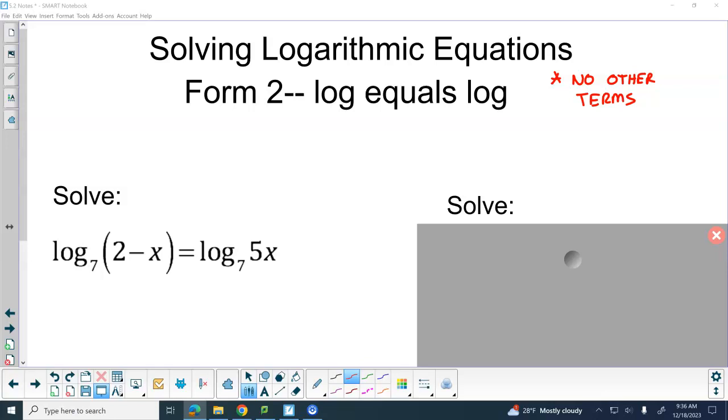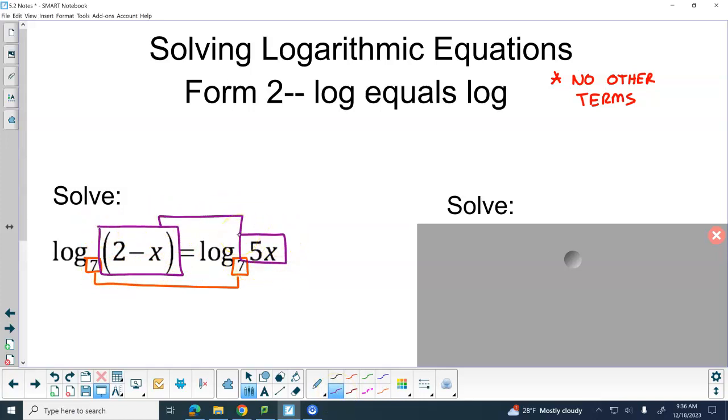So the first thing that you have to look for is to see if the bases are the same. If those two are the same, then the two arguments are equal.